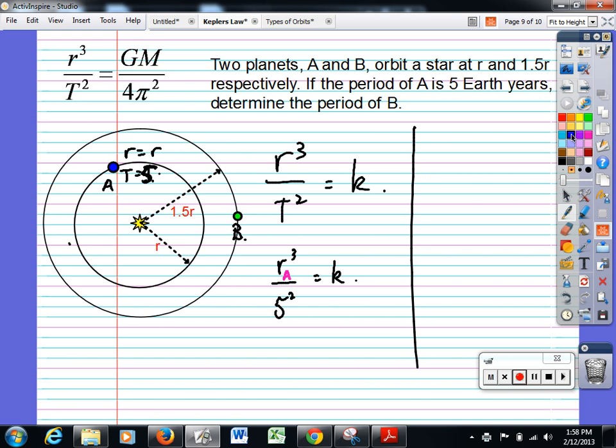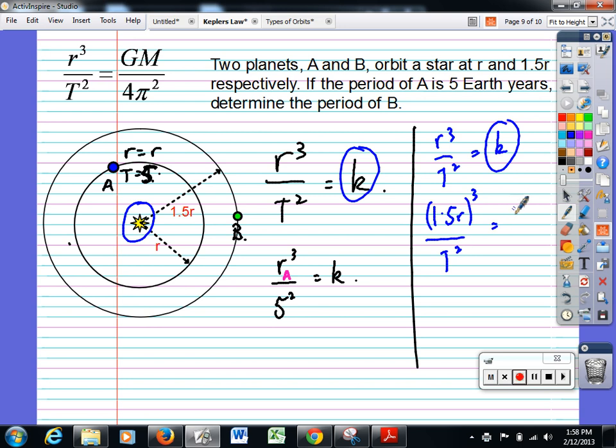For the second planet, r cubed on t squared equals k again, because the same object is at the centre. This time its radius is 1.5r, so (1.5r) cubed on t squared would equal k. And remember that r is the radius of A. Are we okay with that? Now, what can you tell me about this k here and this k here? They're the same, so we're now going to equate them.